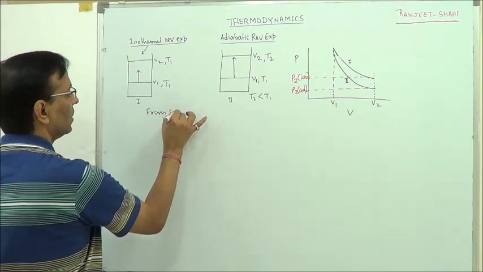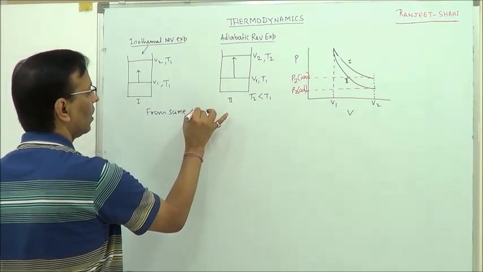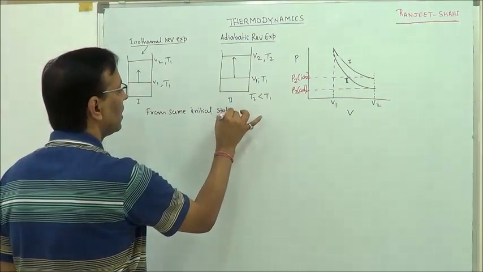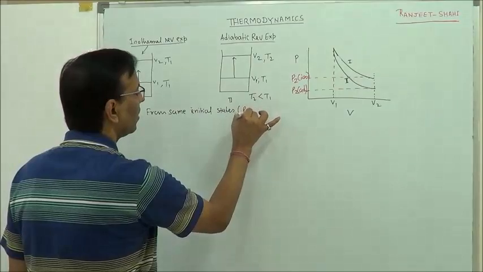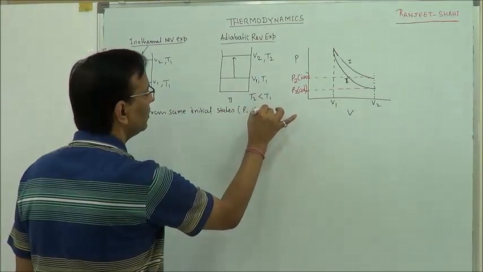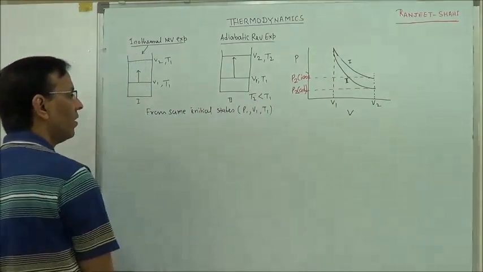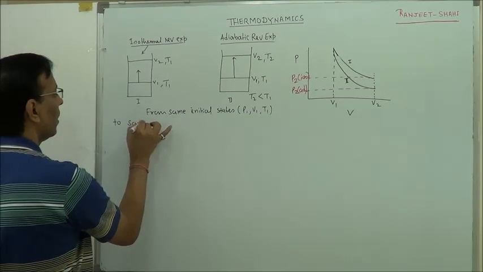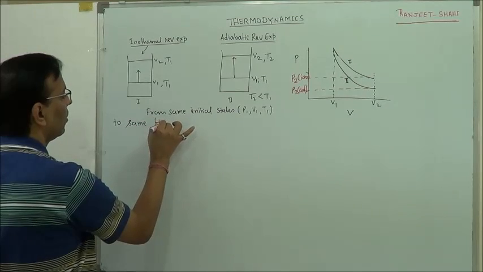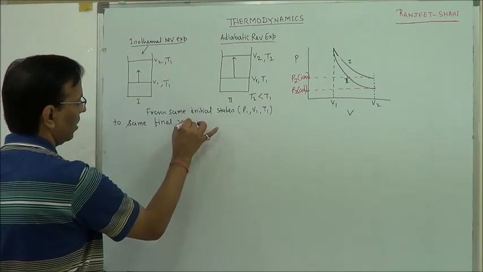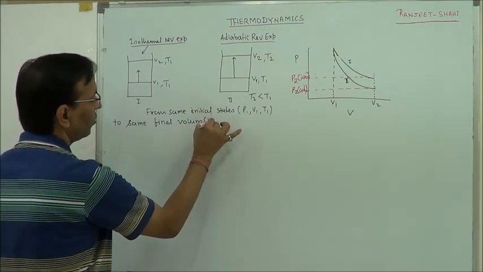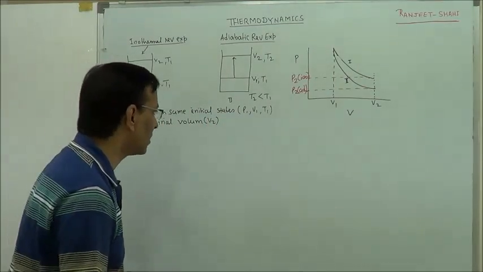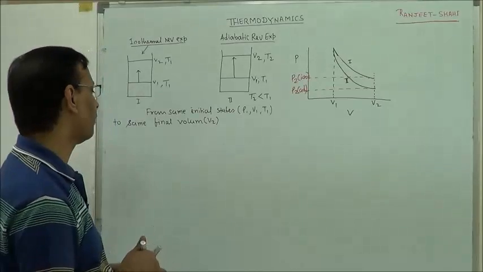from the same initial states, meaning P1, V1, T1 are the same in both cases, to the same final volume V2. Initial states are the same, but final states are not the same, only the final volumes are the same.